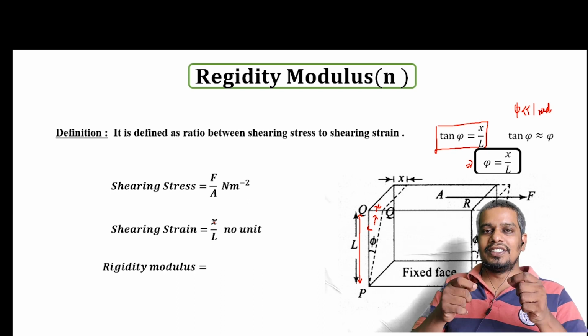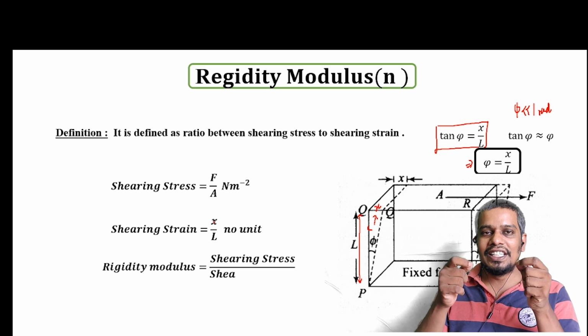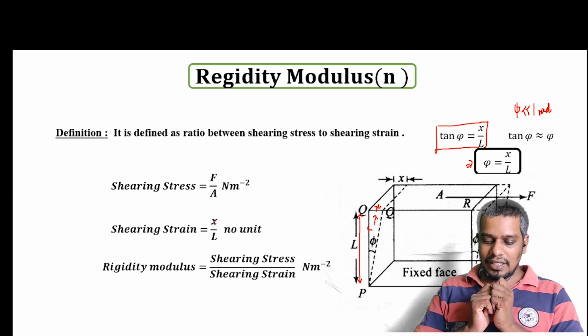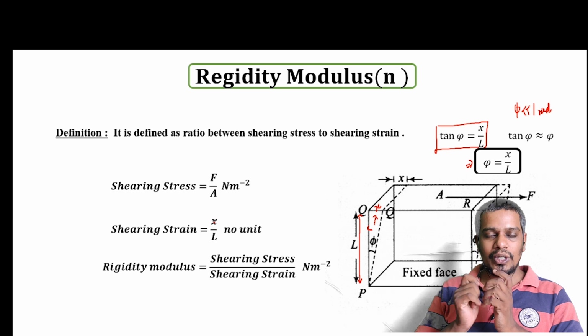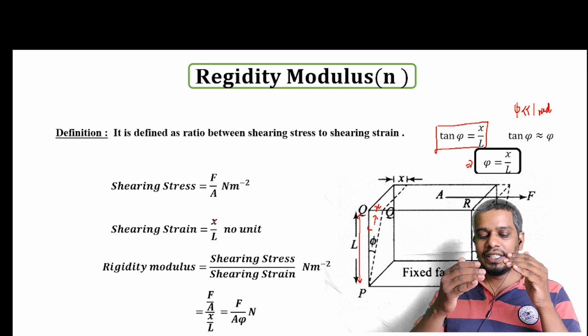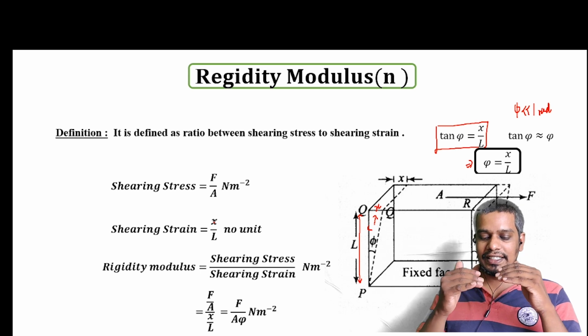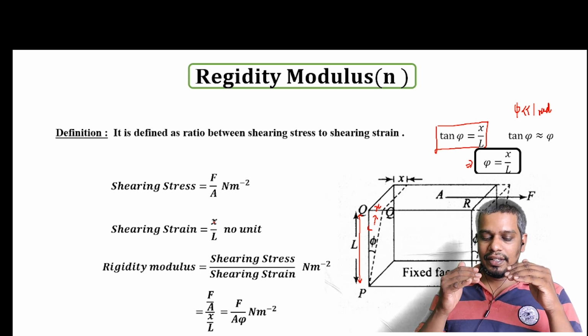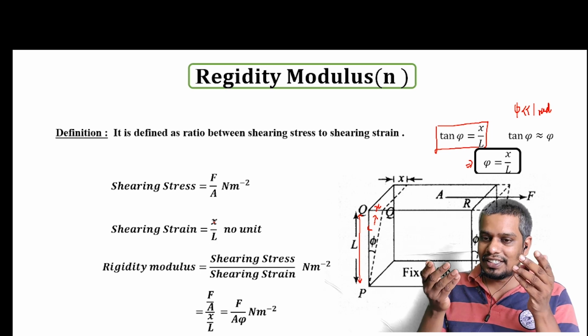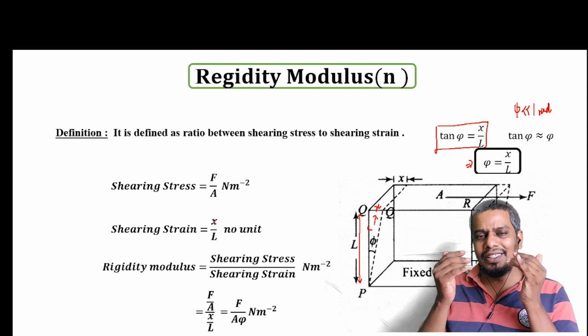Then the rigidity modulus is equal to shearing stress over shearing strain. This is what we wanted to define. Its unit is Newton per meter square. If you substitute the shearing stress and shearing strain, it finally gives the force per unit area divided by small x by capital L, that is pi. If you can measure pi, then you can just substitute pi.